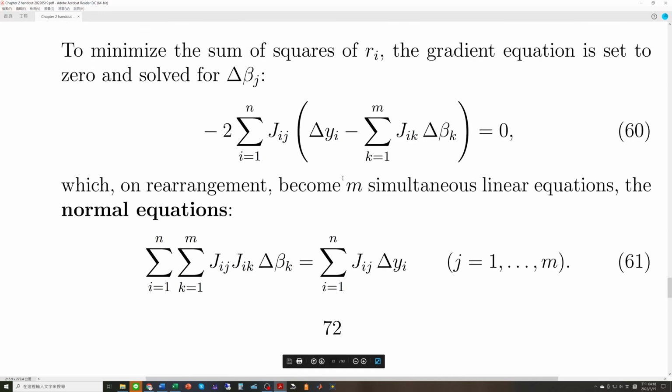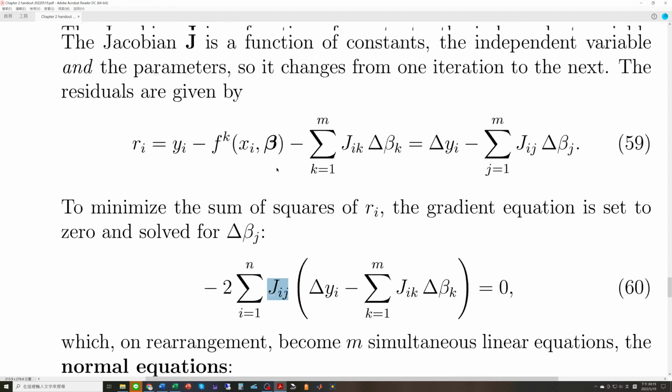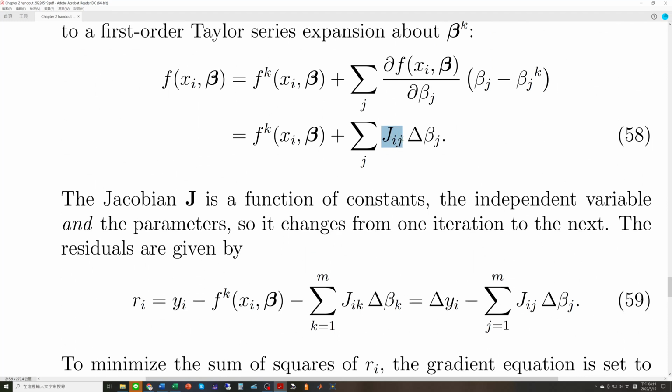So, minus 2 summation i equals 1 to n capital Jij. What is capital Jij? Let us review it. Capital Jij is equal to partial f of xi beta over partial beta j. And f, xi and beta j we have already introduced.